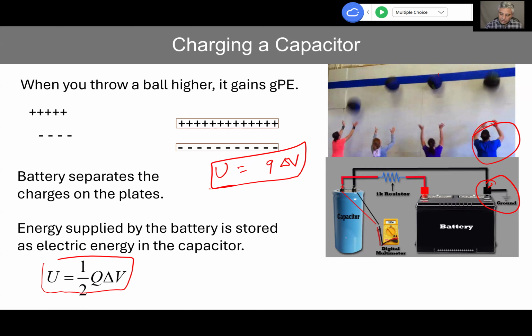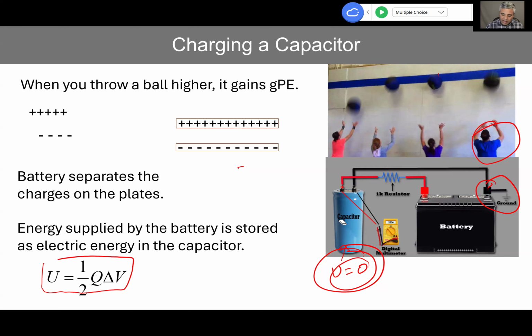So in this case, when there is no charge, the energy is going to be zero, right? And when it is fully charged, the energy seems to be Q times delta V. So on average, between no charge and full charge, we say the energy in a capacitor is the average of those two. Yes, we have to do it properly using calculus, but I'm making some hand-waving argument to justify this half.